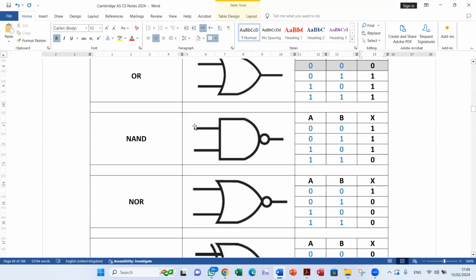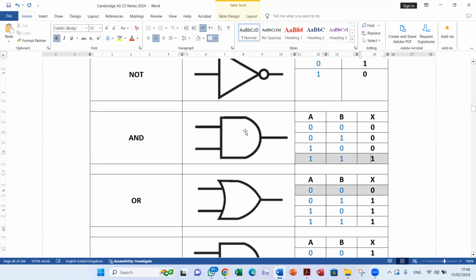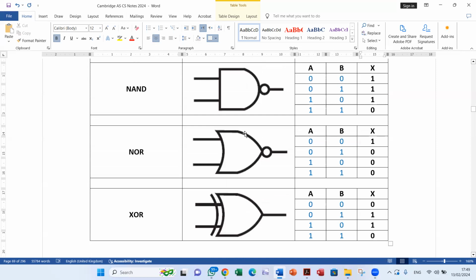Okay. Then if you have studied the NOT and OR, then the coming three can be explained using the upper three. Because this is the NAND.